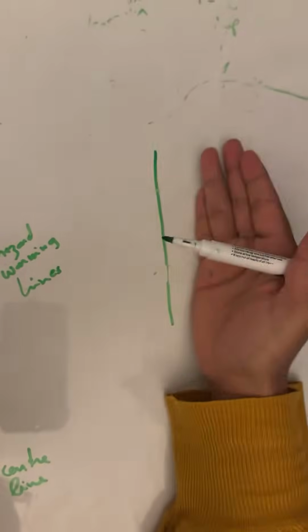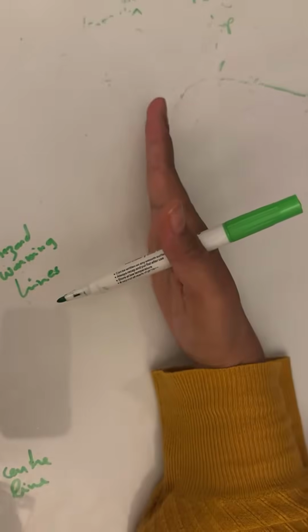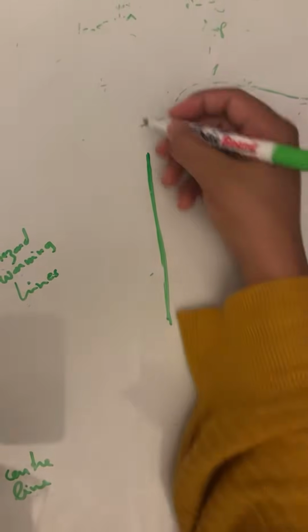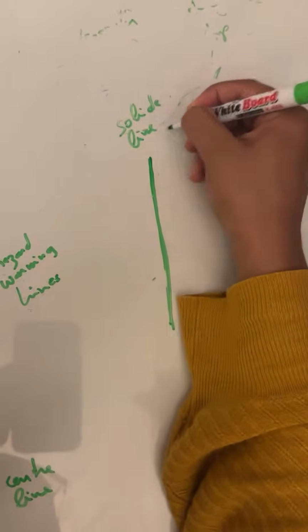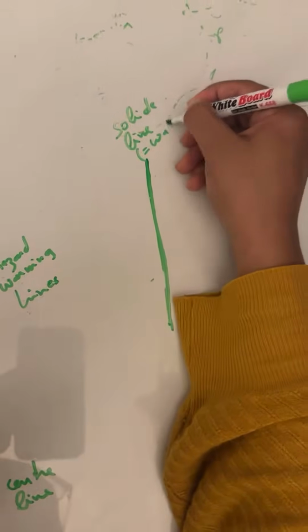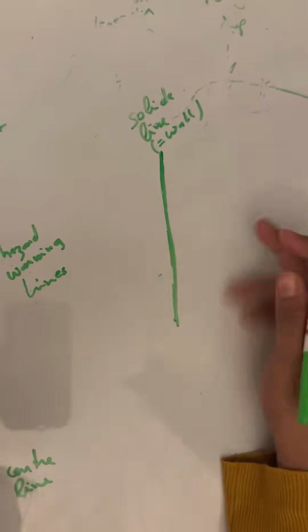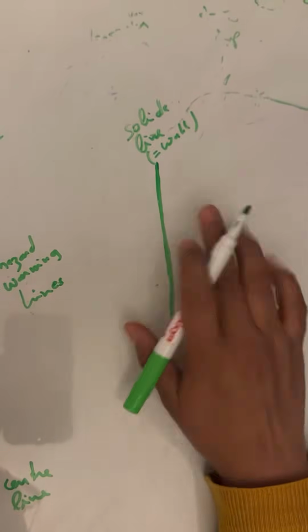They don't want you to pass on the side. Another meaning is no overtaking. If you see this line nearby you, you should not overtake.